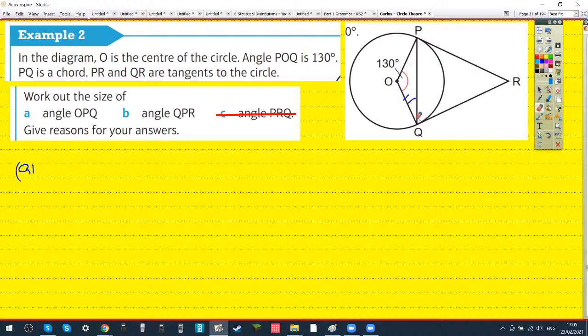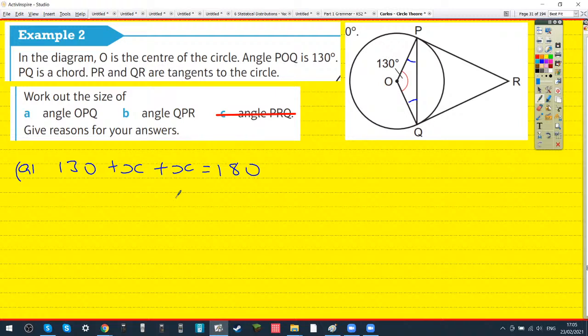It's 130, and these two are the same as each other, and they have to add up to 180. So it's basically like 130 plus x must be 180.